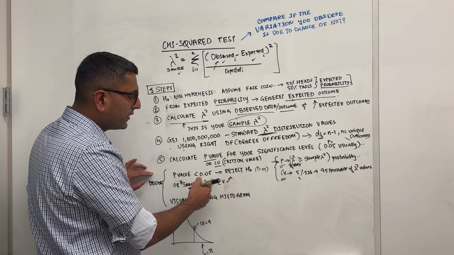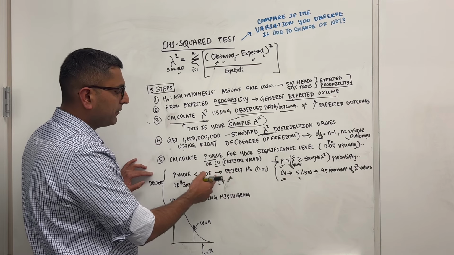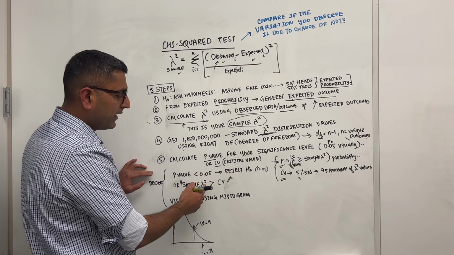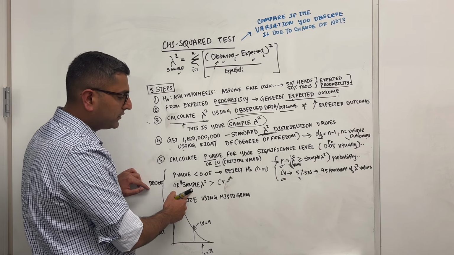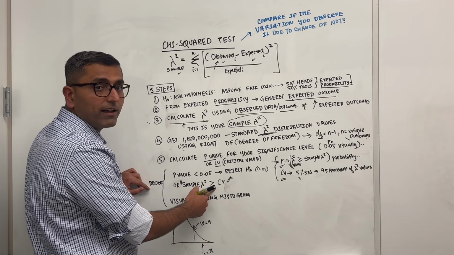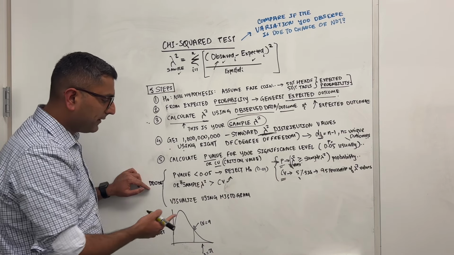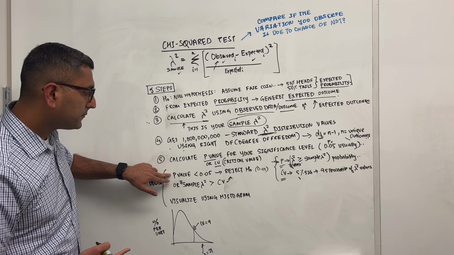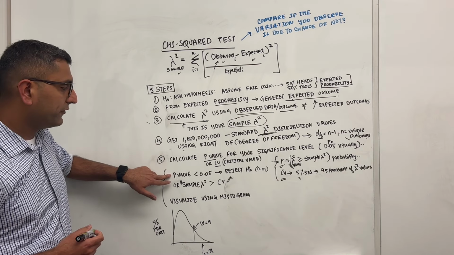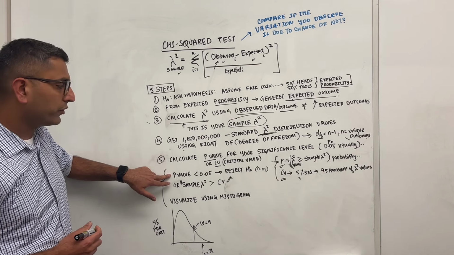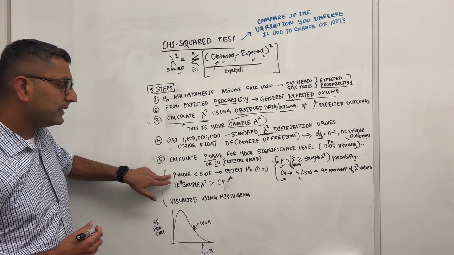Yeah, so you reject the null hypothesis if your p-value is less than 0.05 or your sample chi-squared is greater than your critical value. Either way, there are 2 ways of doing the same thing. You reject your null hypothesis if your p-value is less than 0.05, meaning this is significant.